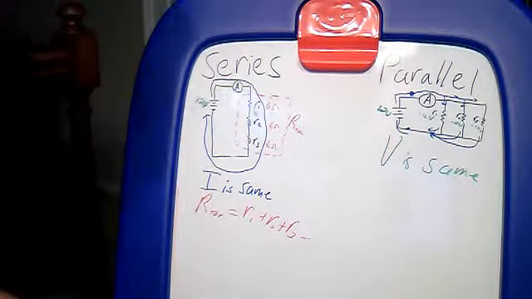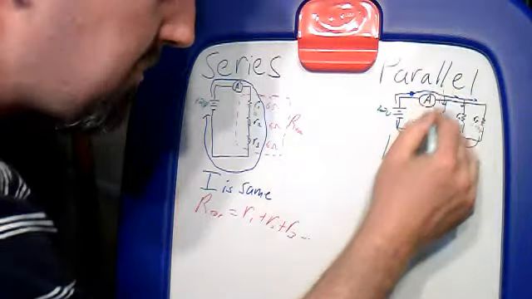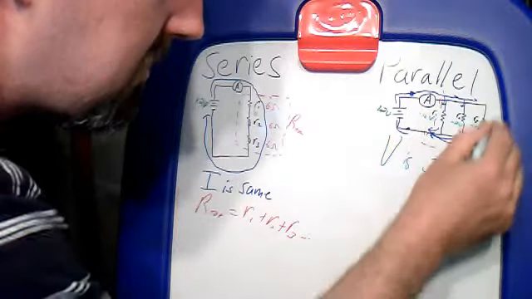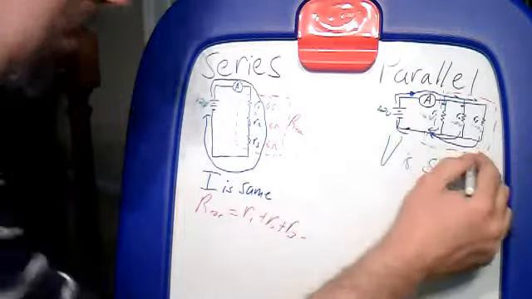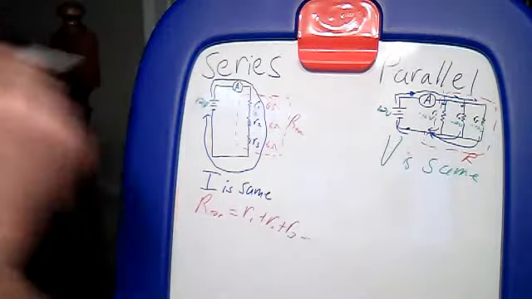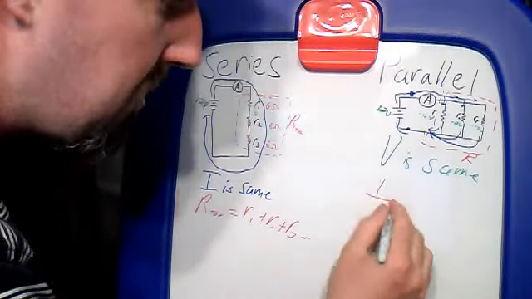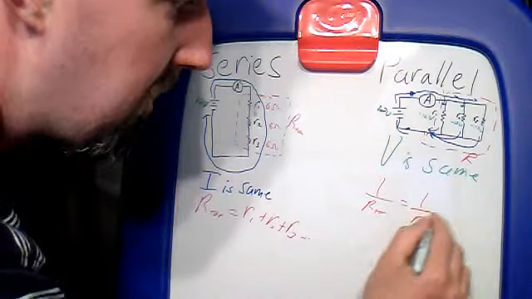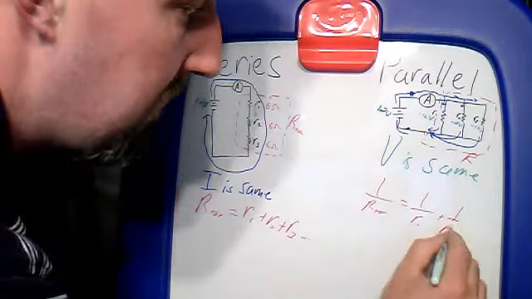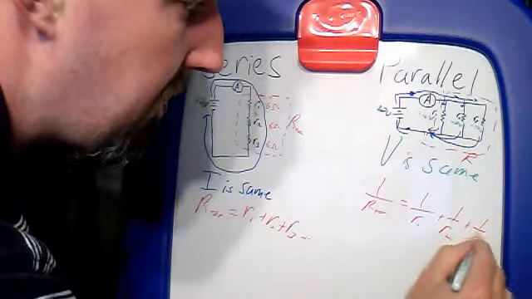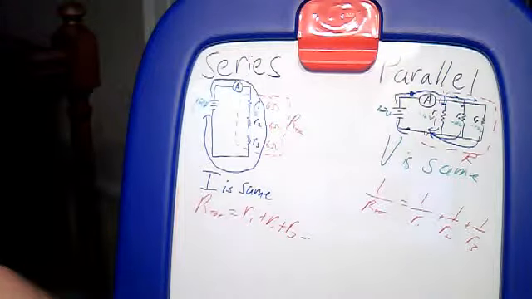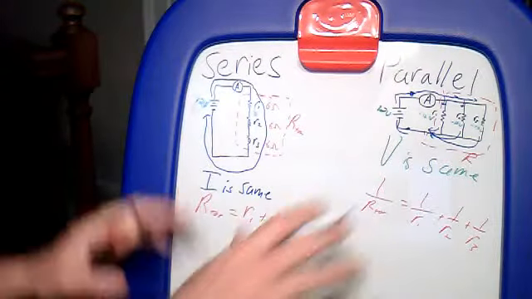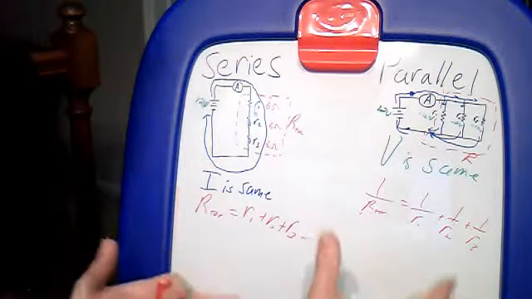In a parallel circuit, it doesn't quite work that way. Instead, we'd still put that big box over all these and pretend like there's just 1 big resistance, or resistor R. But here, 1 over R total is equal to 1 over R1 plus 1 over R2 plus 1 over R3. So these are the rules that we follow for these 2 different types of circuits.